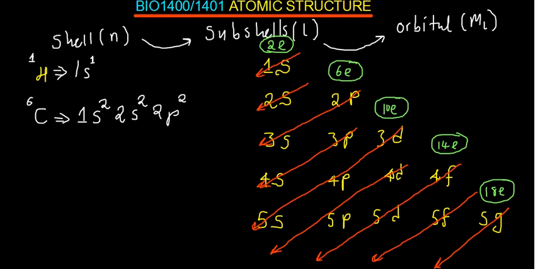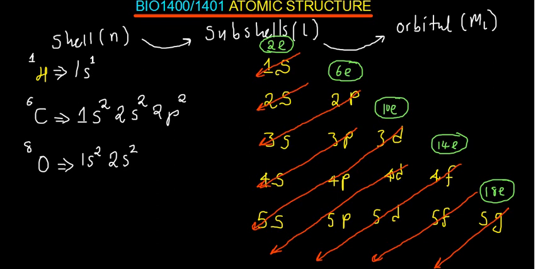Okay, and then let's talk of oxygen. You know that oxygen has got 8 electrons. So to fill up the 8, start with the lowest available orbital, which is the 1s with 2 electrons, and then you go to the next one, which is lower in energy, that is the 2s with 2 electrons.